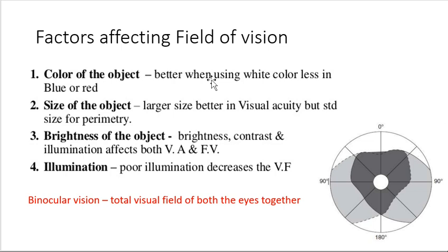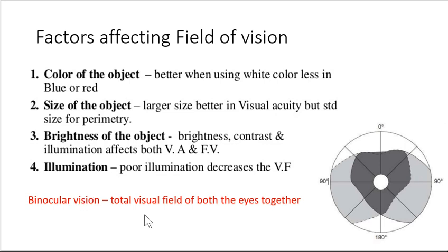Then what are the factors? There are various colors in that moving bar, and we can change the colors also. We can change the size of the object also. So the color, size, brightness, and illumination of the object can basically affect the field of vision. If we don't cover one eye, then we are seeing binocular vision.